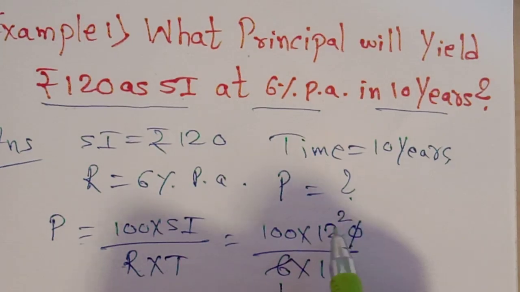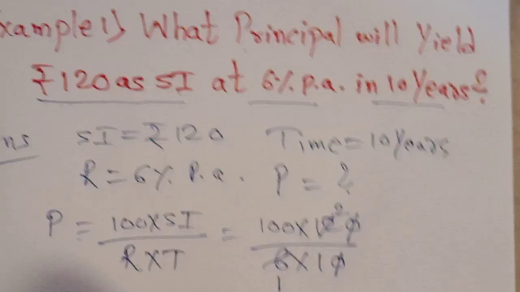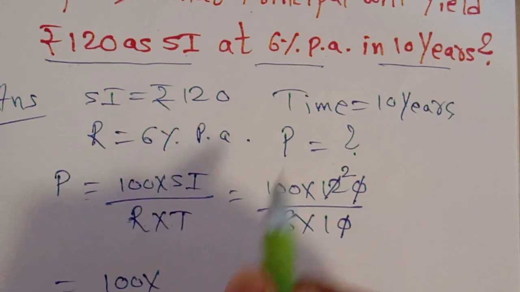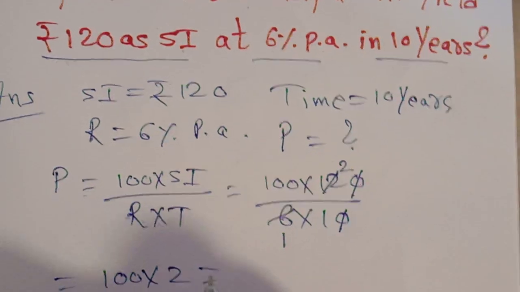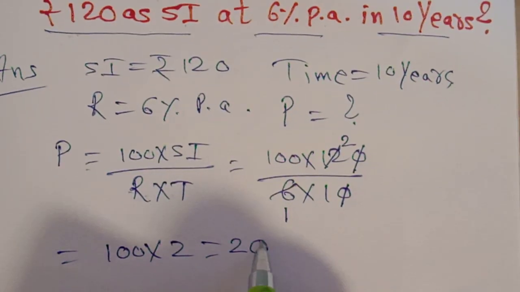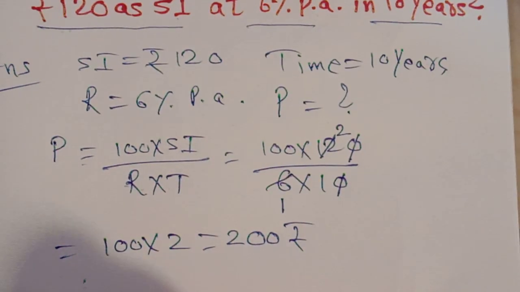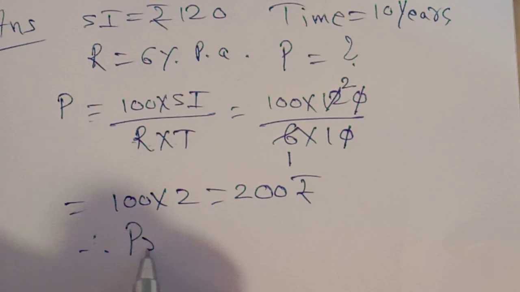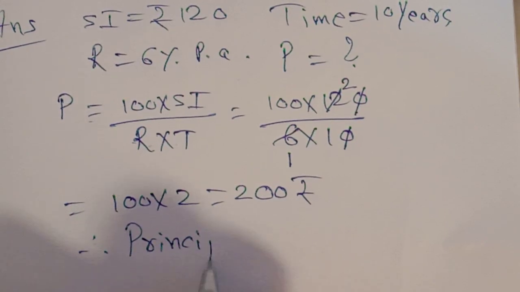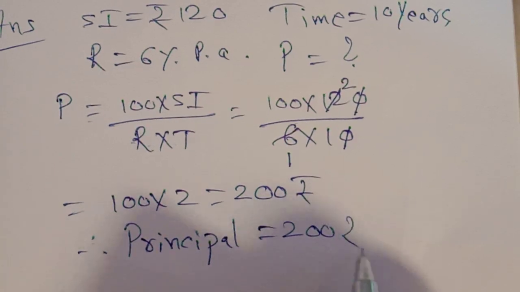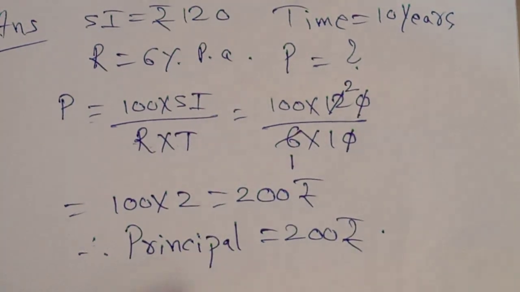Now how much is remaining here? 100 into 2. So 100 2s are 200 rupees. Therefore, principal equals 200 rupees. So this is the answer.